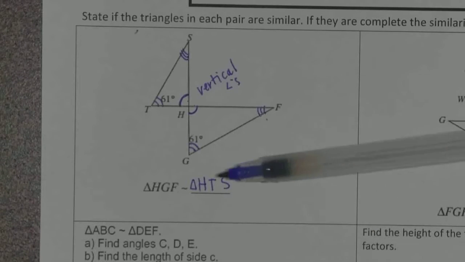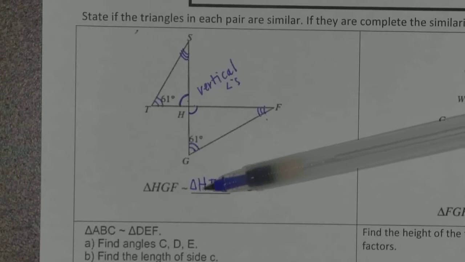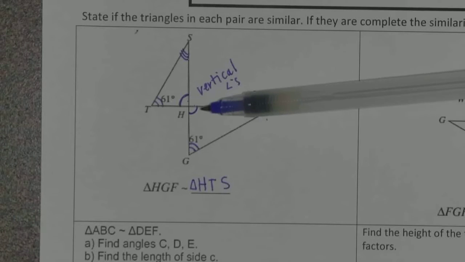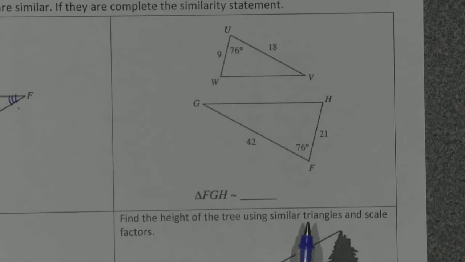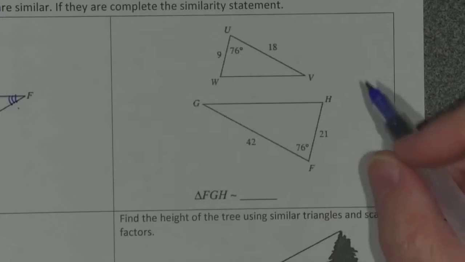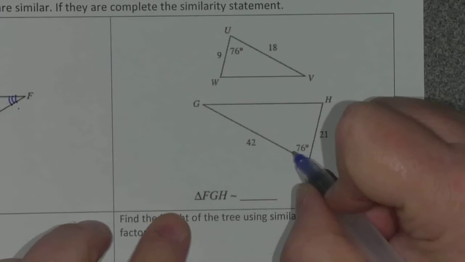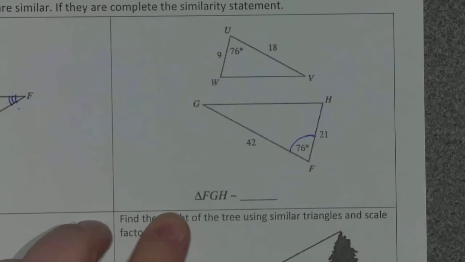But again, in order to state which triangle is congruent or similar, I guess in this case, you have to go by congruent angles in the same order. Okay. Here's a second set of triangles here. And again, I just want you to write me a similarity statement here. So we know that these are already similar. So here's 76.